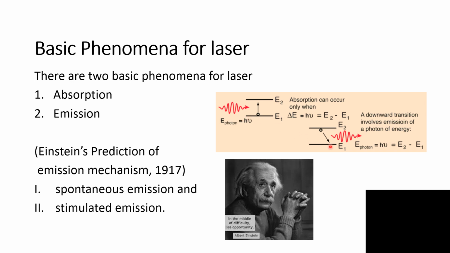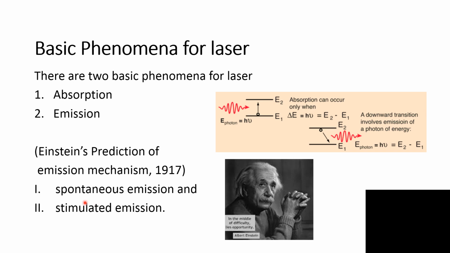But these were the basic concepts, and they were accepted for a long time. But in 1917, Einstein said that to attain thermal equilibrium, we can't accept only a simple emission that we have seen here. He said that to attain thermal equilibrium, we need another emission process. So he divided the emission process into two types.